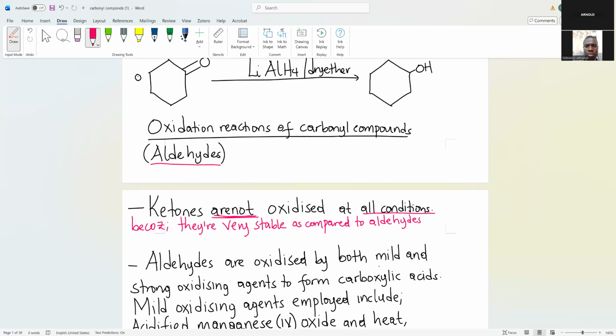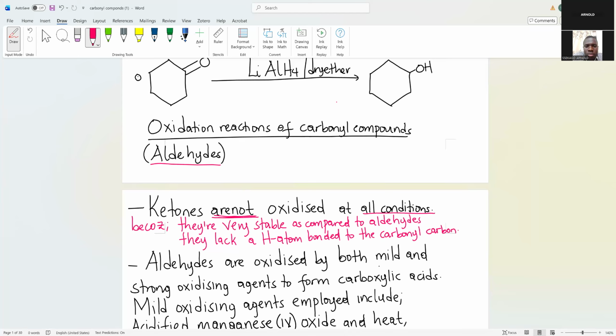Then the other reason is that they lack a hydrogen atom bonded to the carbonyl carbon.